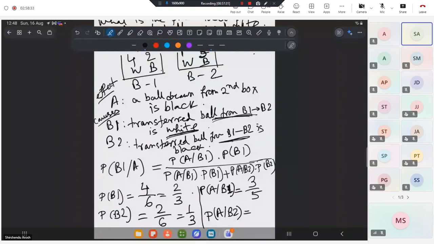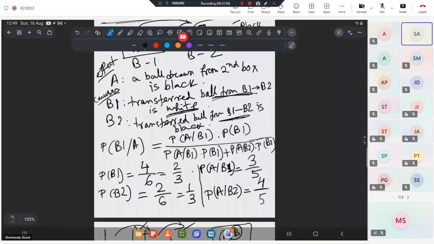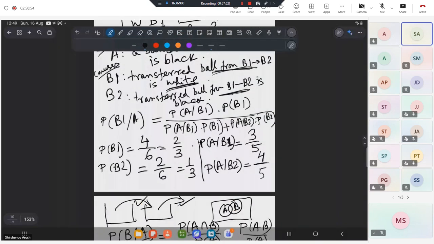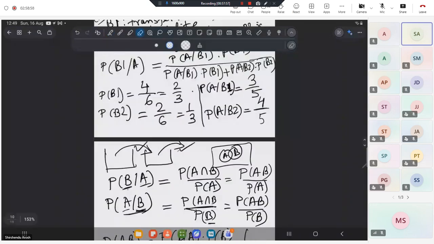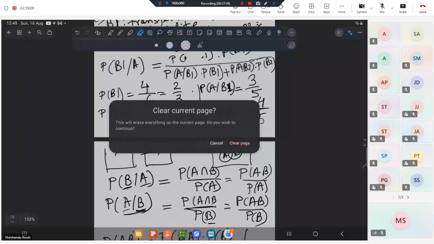Out of the 4 black balls you have to choose 1, so it is 4C1 over 5, that is 4 by 5. That's how, given the statements, you can find out what the numbers are. Now it is quite simple.